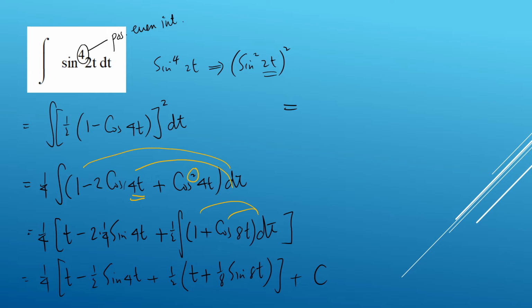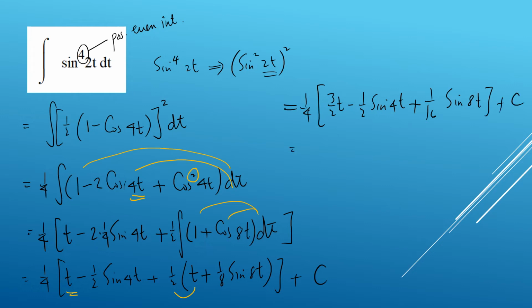So let us simplify this. 1/4 quantity, we have here t and 1/2 of t. So t and 1/2 of t, that is supposed to be 3/2 t minus 1/2 of sine 4t plus 1/2 times 1/8 is 1 over 16 sine of 8t plus c.